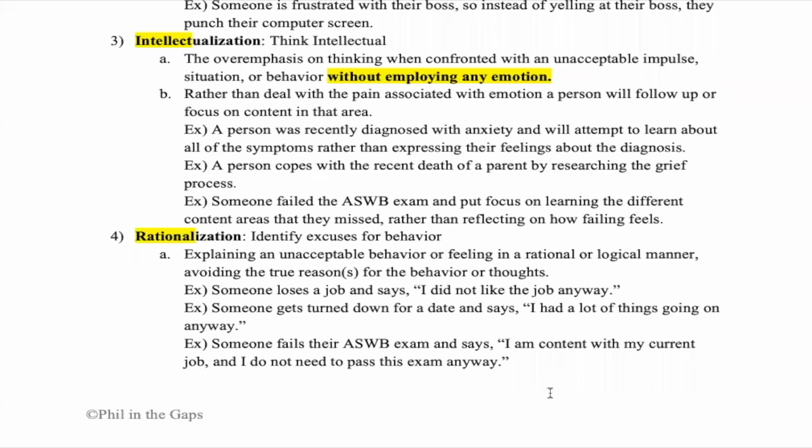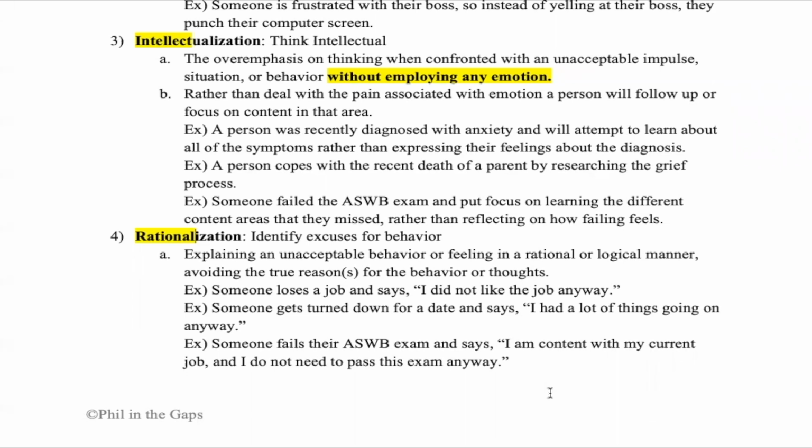And a lot of times people will get denial and rationalization mixed up. Denial, they're not willing to acknowledge the negative impacts of anything in any way, shape, or form, while rationalization, they're going to kind of identify that it's a negative behavior, yet that it's not a problem for them based on all of these excuses that they can come up with because it's too emotionally painful to acknowledge the pain that they're experiencing.